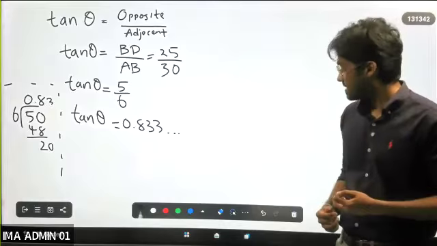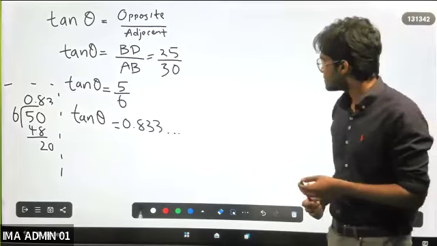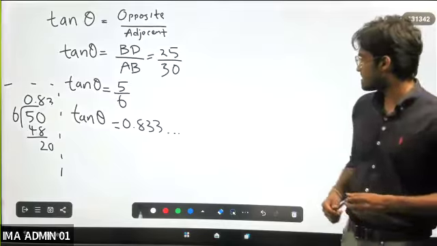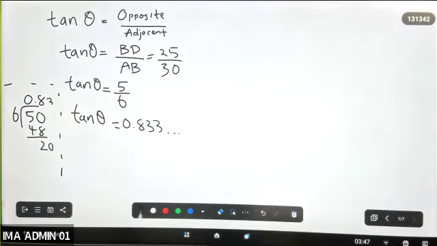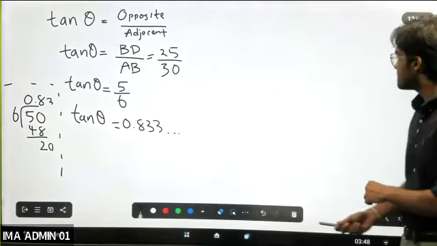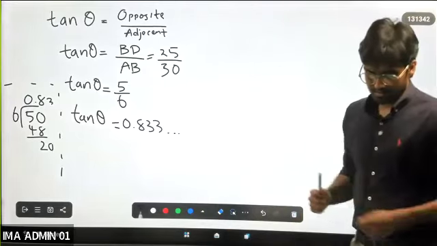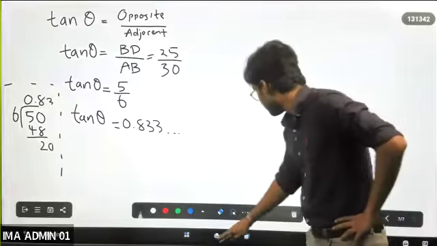So I think the angle should come around 39 or something. Did anyone calculate it? How should I do that?